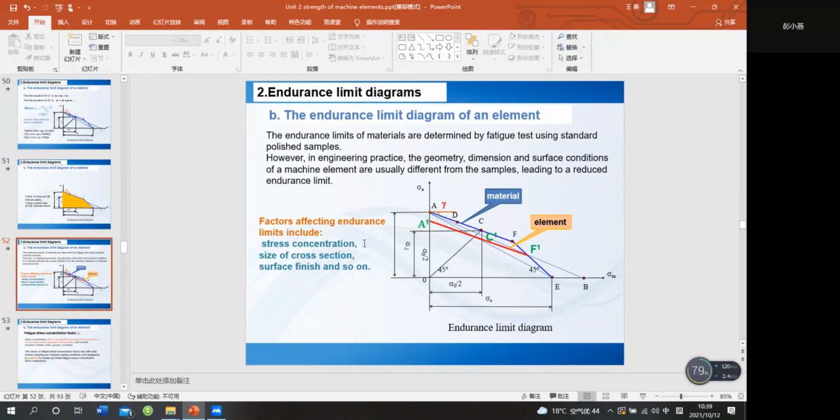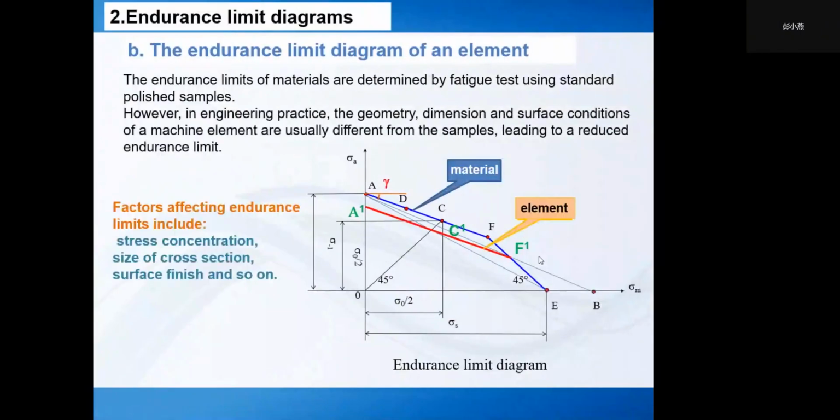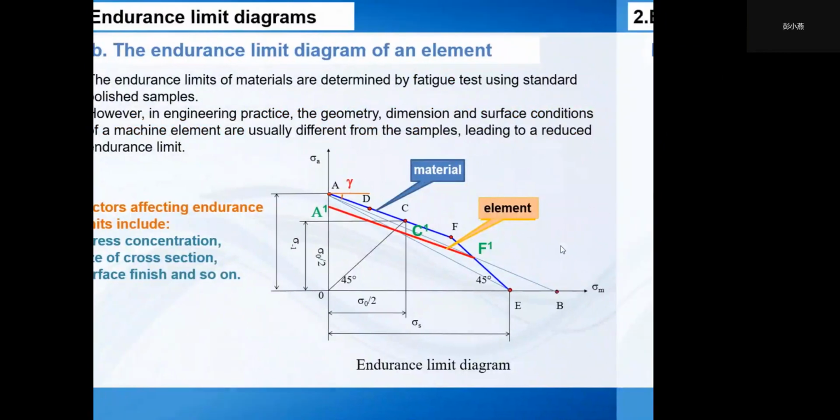Okay, and there are factors affecting the endurance limit of element. It includes stress concentration, size of cross section, surface finish, and so on. And this blue line is for material, the red line is for element.